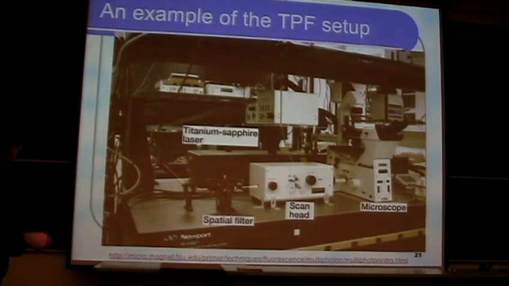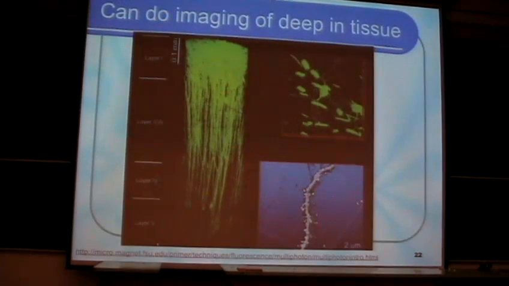The picture in here shows a typical two-photon fluorescence microscopy setup, and as you can see, it's very similar and can be built around the same microscope as in the case of confocal microscopy.